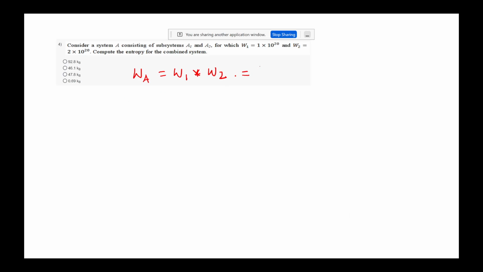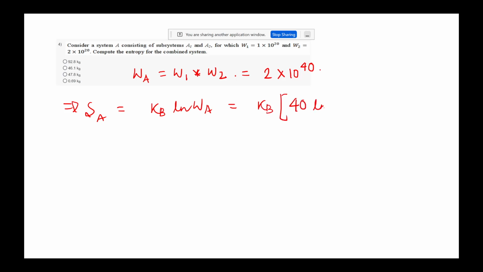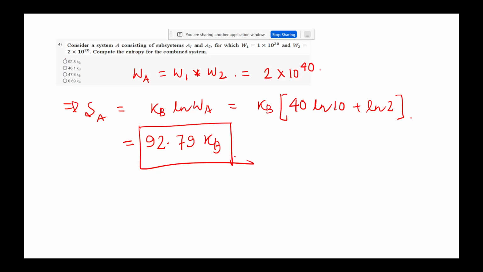That will become 2 times 10 to the power 40. So entropy S_A will be k_B ln W_A, which is k_B times 40 ln 10 plus ln 2. That makes, in my calculation, 92.79 k_B. So this is the correct option.